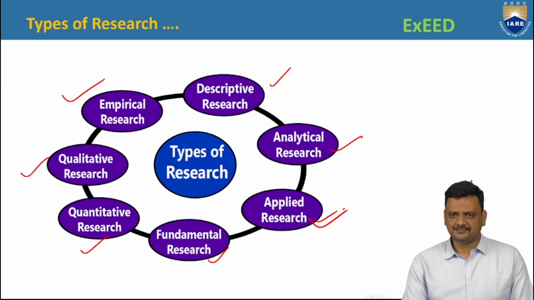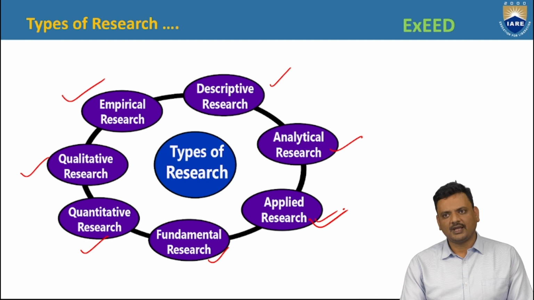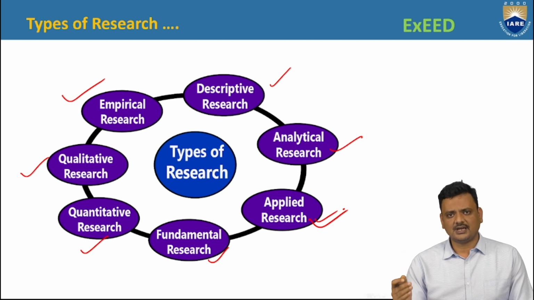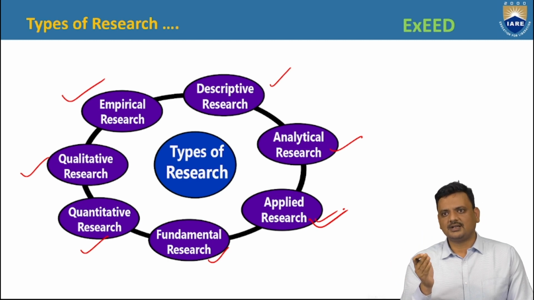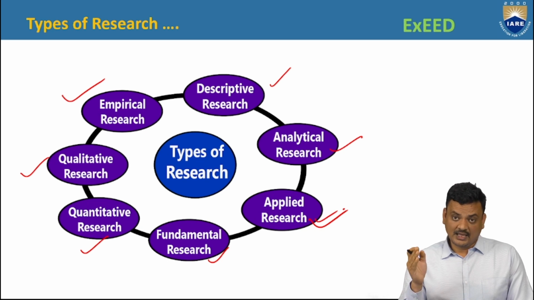Generally, we are from a science or engineering background, but there are some humanities fields also, like history, literature, policy, or international relations. In those fields, research is also performed, and all these descriptive, analytical, fundamental, applied, qualitative, empirical, or quantitative research are also performed in the humanities field.